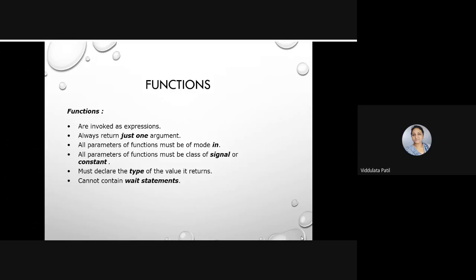This AND gate is an inbuilt function in the IEEE library, but similarly, whatever algorithm you want to call many times, you can write as a function. Whenever you execute this function, the result is a single value, and that value is returned to the main program using a return statement.